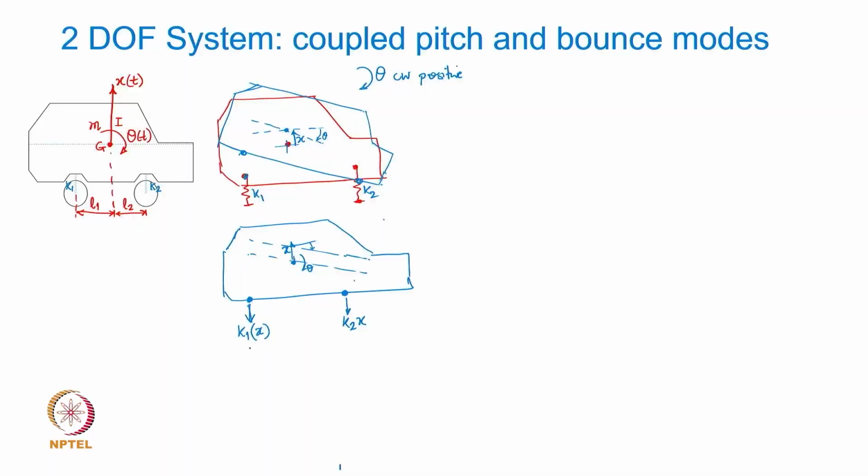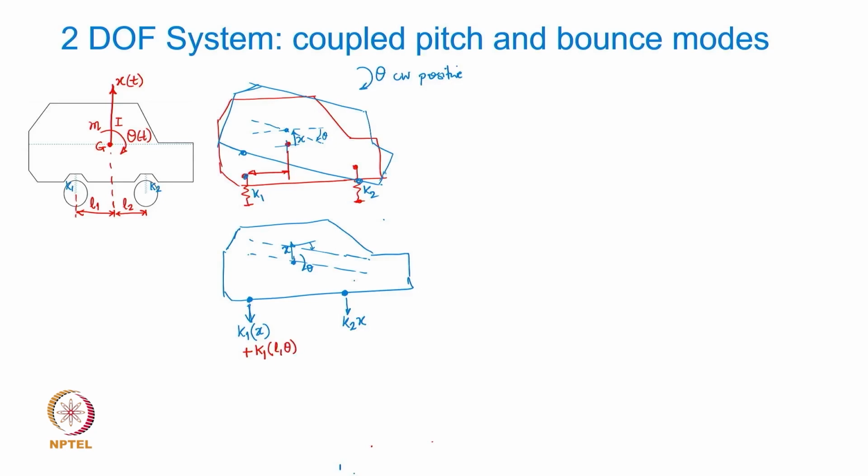There will be an additional force here because of the pitch motion, and that is going to be K1 into how much? This is going to be this distance, right? And of course, for small angular motion, sin theta will be theta, and then it will be L1 into theta.